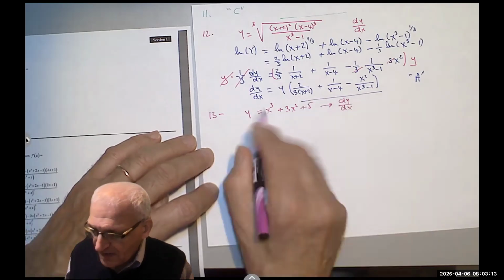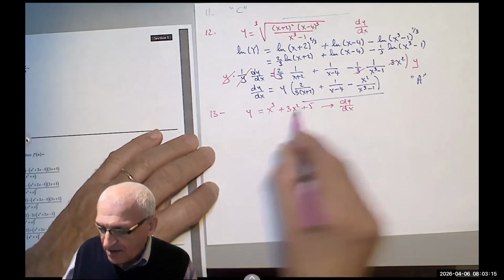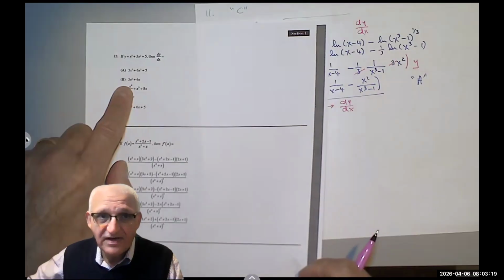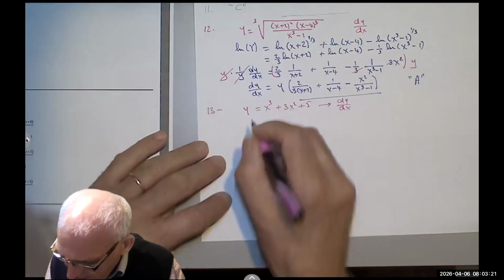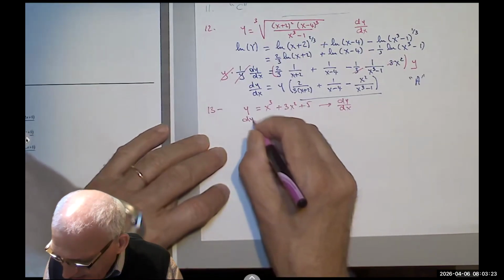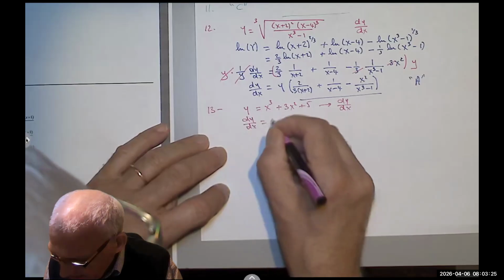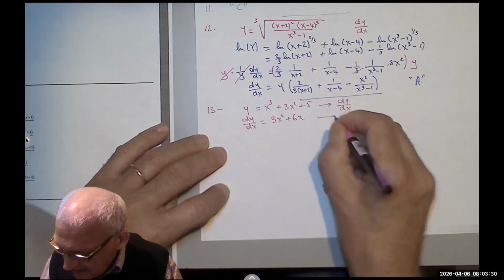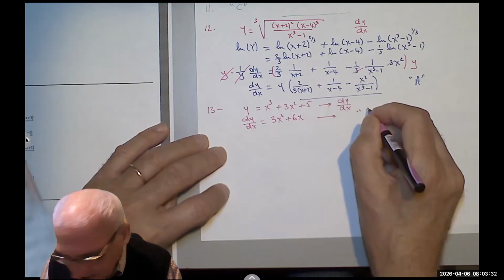Well, you can just look and say it's 3x squared plus 6x, which is B. That doesn't take 5 seconds, right? So dy/dx equals 3x squared plus 6x, and that's B. Is it B? Yes.